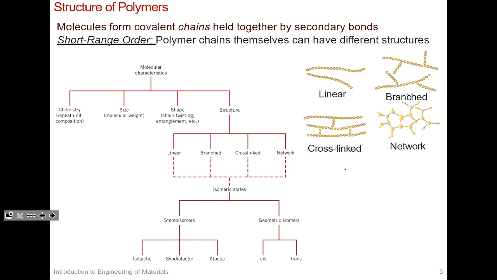And then when you get to the structure, you can see we describe it in a variety of ways. So here, these little dots are the mers. So each one of these dots is a mer. So if we have ethylene like this, right? These are the repeating units, and it's drawn this way, right?